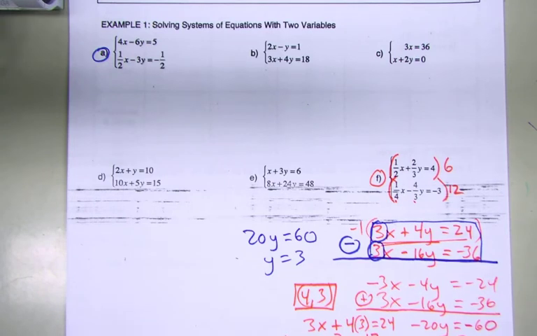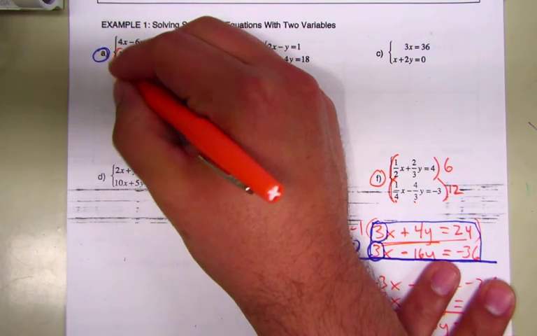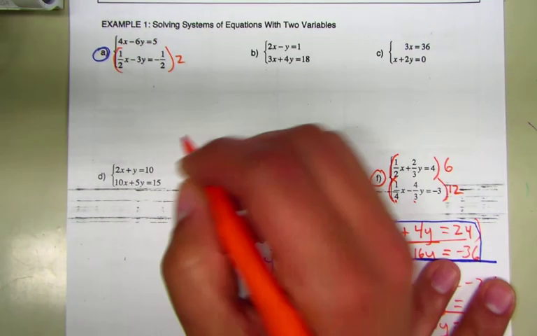All right, Ulysses, walk us through what you did. The bottom one by 2? Okay.